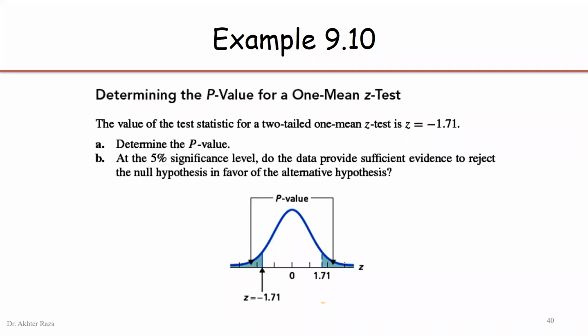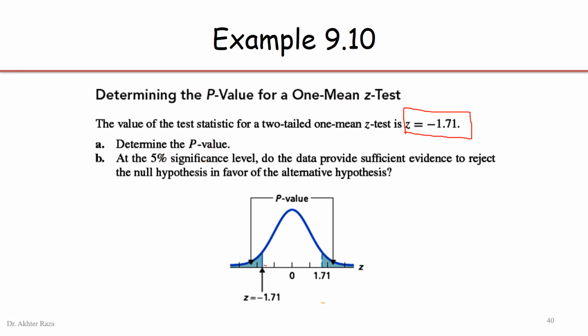In this example, we have to obtain the two-sided p-value. If you have to obtain a two-sided p-value against the z-score of minus 1.71, this number will be used here. At the 5% level of significance, you have to check whether the null hypothesis is true or not. The p-value is to be obtained.